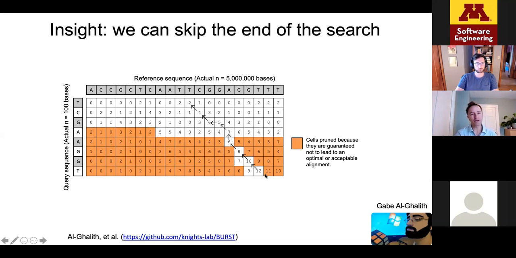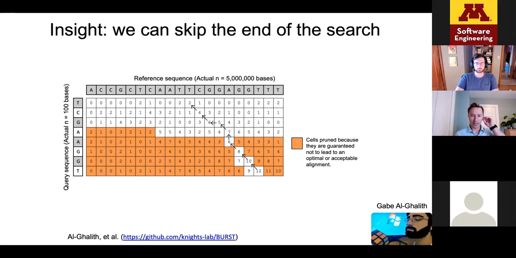Normally in the algorithm, you can only trace back once you've finished, but at a certain point, you can look forward a little bit and put some bounds around what's the best and worst possible score you could get descending from a particular cell. And if you do that, you should be able to prune the table a little bit.